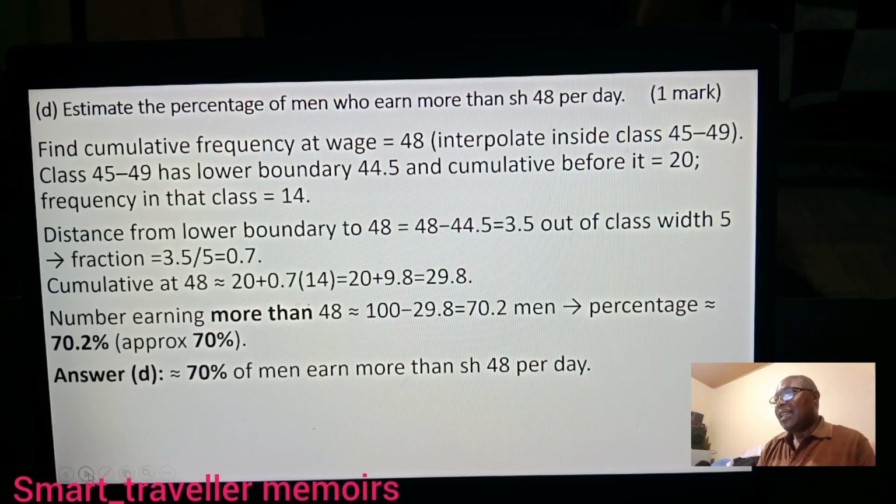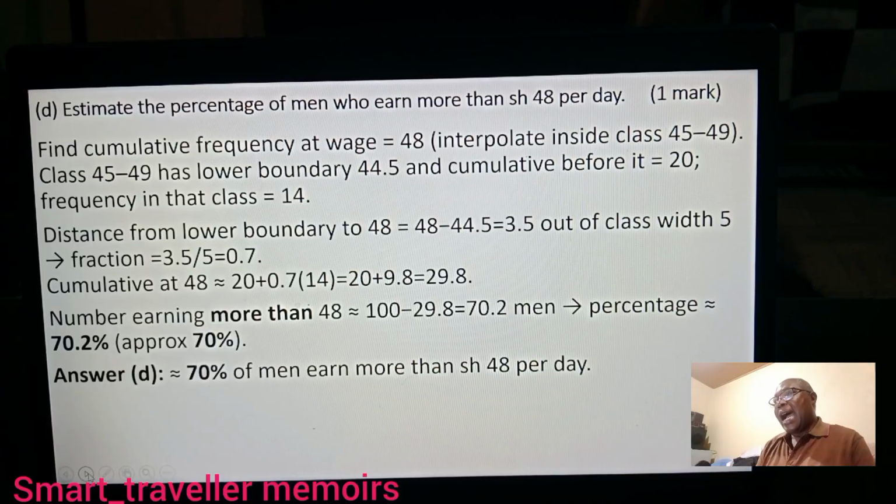times 14. All right? And therefore, 20 plus 9.8, because 0.7 times 14 is 9.8, and this gives you 29.8.